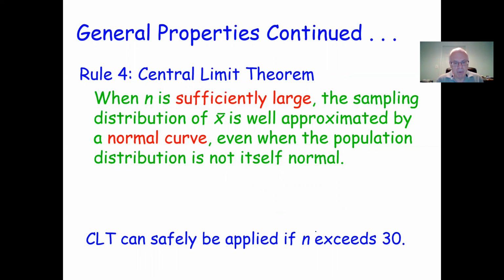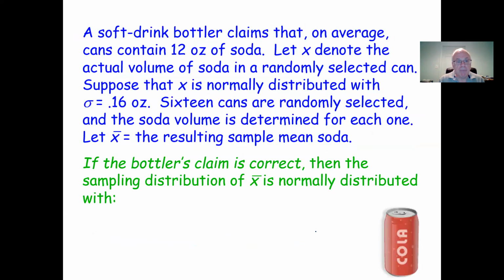So for greater than or equal to 30, you can apply the central limit theorem and say that even if you know nothing about the population, the shape of the population curve could be horribly skewed, we could say that if the sample size is at least 30, the sampling distribution is approximately normal. That's called the central limit theorem. Okay.